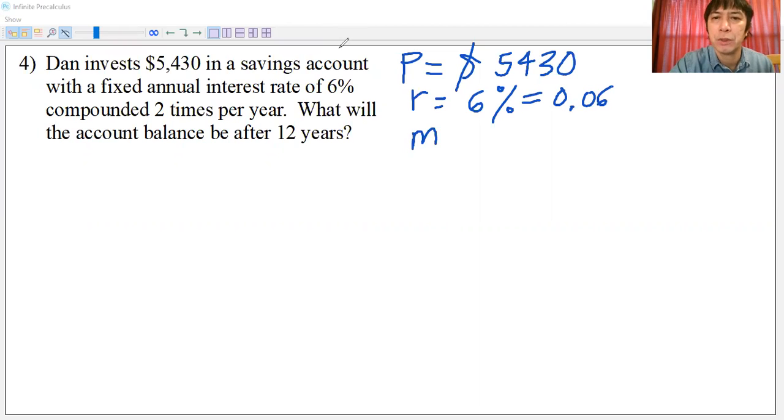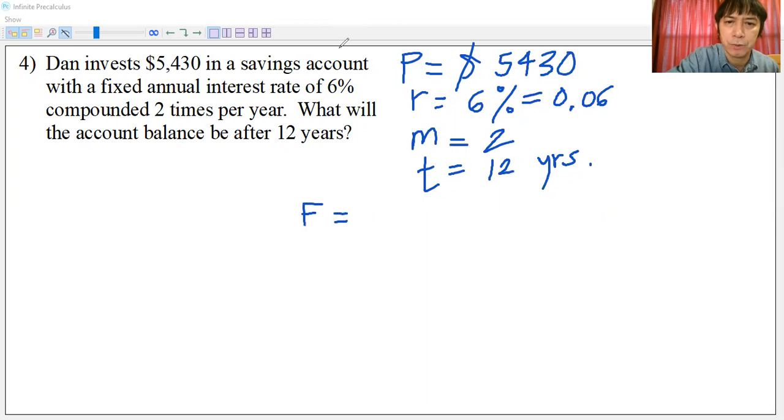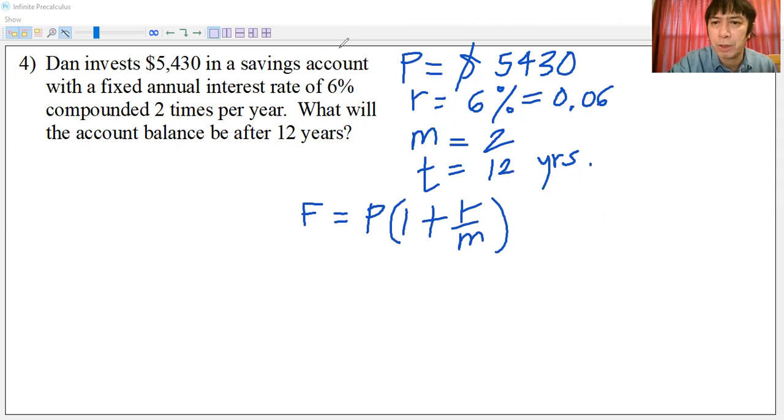So semi-annually is M equal to 2. After 12 years, that'll be time, 12 years. Okay. Same formula, F is equal to P times the quantity 1 plus R over M, close parentheses, raised to the product of the number of compounding periods and the total time in years.